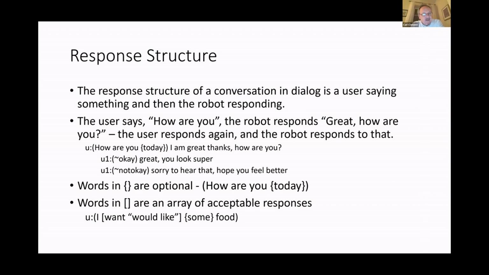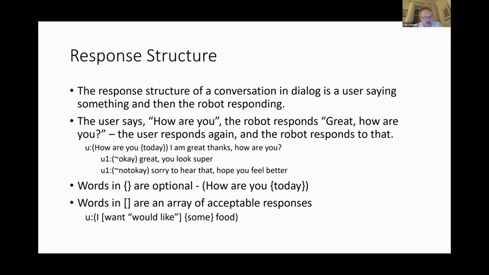And then I can also have an array of acceptable responses. So the line underneath that on the slide where I say, "I would like some food," well, the want and would like are optional phrases.